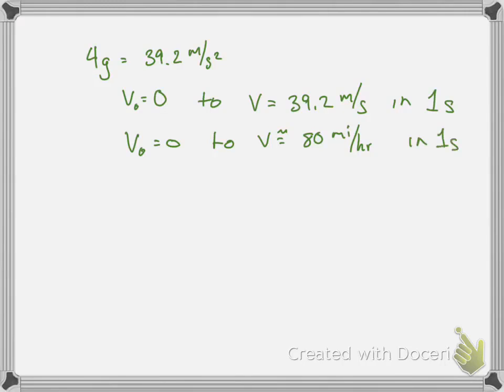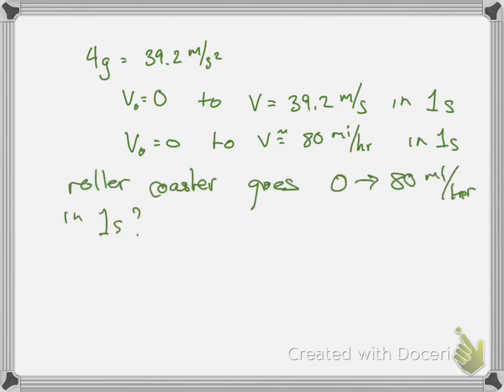So the question is, can a roller coaster really go from 0 to 80 in 1 second? And the answer is no. Actually, there are very few vehicles on Earth that can go from 0 to 80 in 1 second. Certainly there are vehicles, but there are very few that have that kind of acceleration. But even think about 10 g's, right?